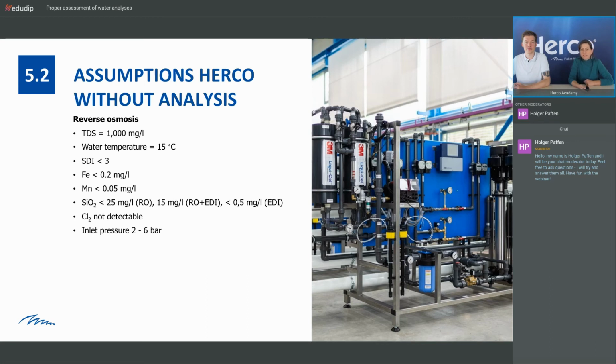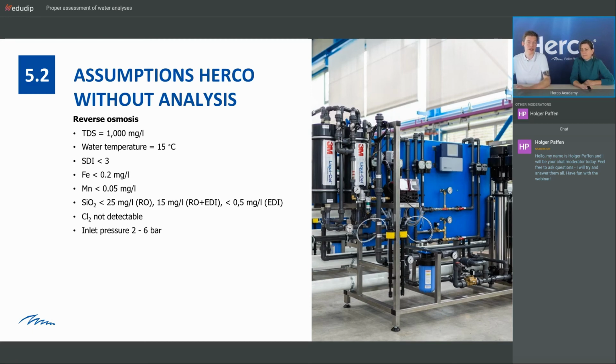Silica, there I think I have to ask you because you know more about these different limit values. Why are they different? Mainly because of the EDI. With standard ROs without EDI stacks, we are at 25 milligrams per liter. If we go to EDI, they would scale with 25 milligrams per liter. They have lower limits. In this case, we even use different membrane types.